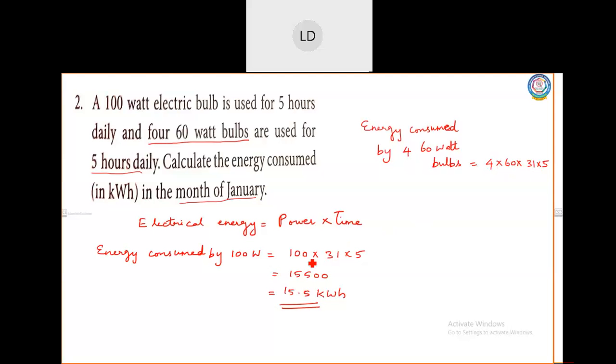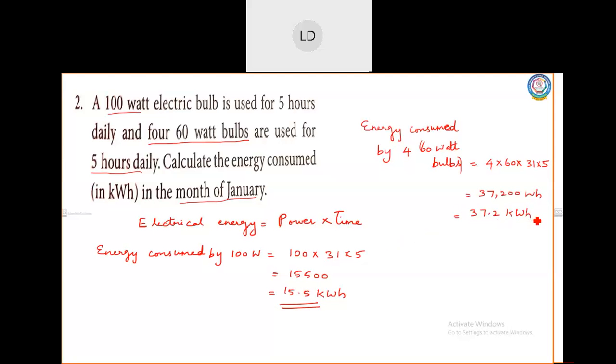Now here we calculated for one electric bulb whose power rating is 100 watt. Now here we are calculating for 4 60-watt bulbs. Try to understand the sum clearly. So it is 4 into 60, right? When I simplify, I will have 37,200 watt hour. Now when expressed in kilowatt hour, it will be 37.2 kilowatt hour.